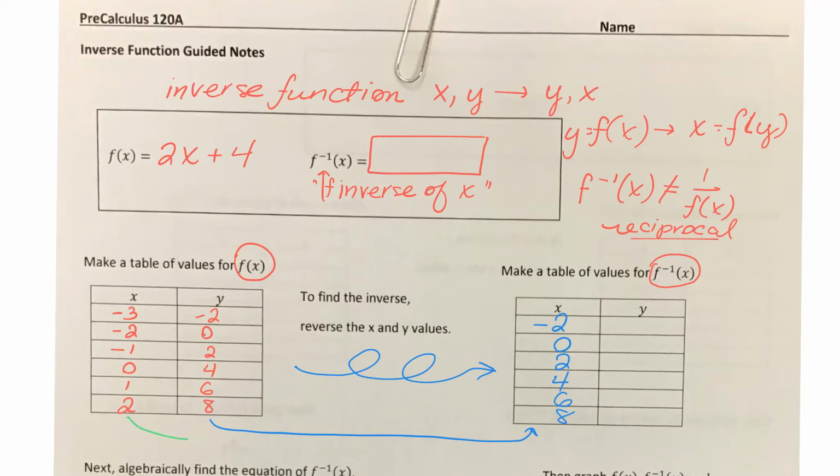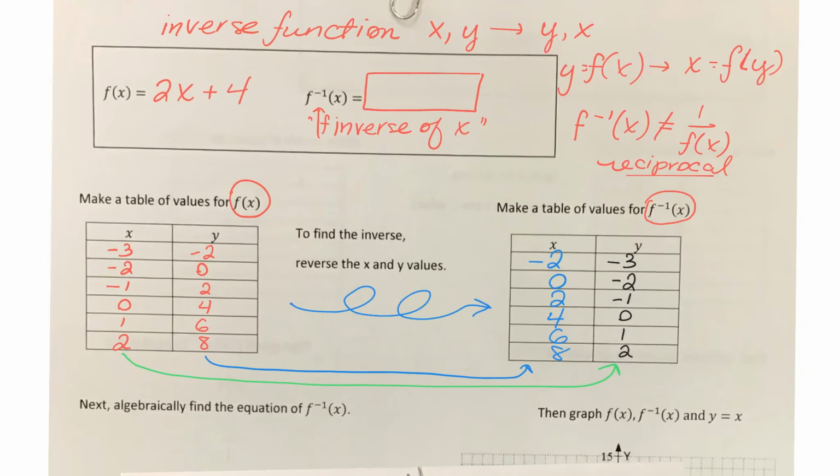My x's are going to become the y's: negative 3, negative 2, negative 1, 0, 1, 2. I'm literally just copying them and putting them in the opposite place. An inverse function truly is just a complete reversal of your x and y's.